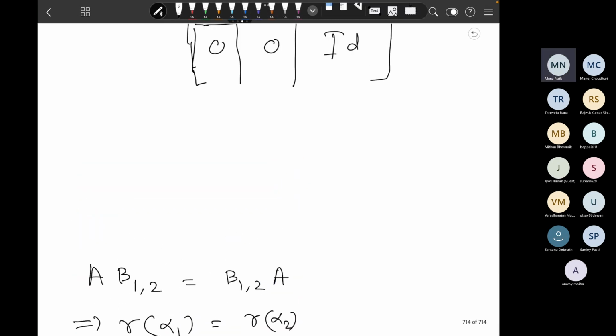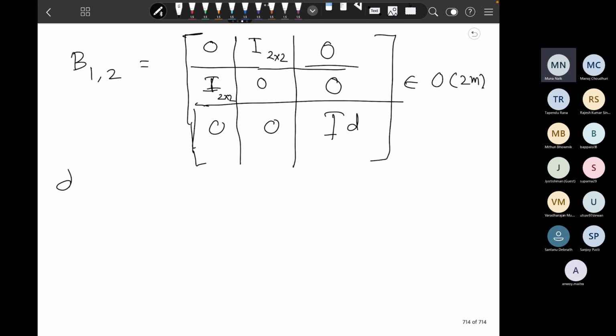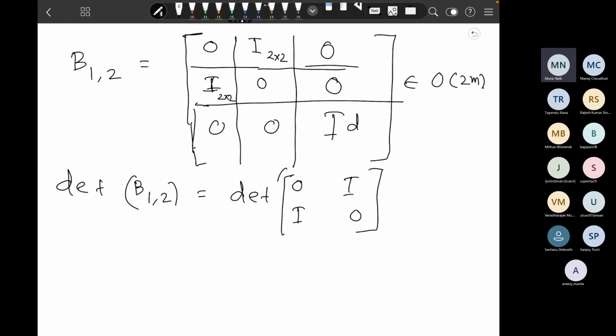So clearly, what is the determinant of B12? The determinant of this block matrix, with 0 I in the top and 0 minus identity below, where I is a 2 cross 2 matrix.